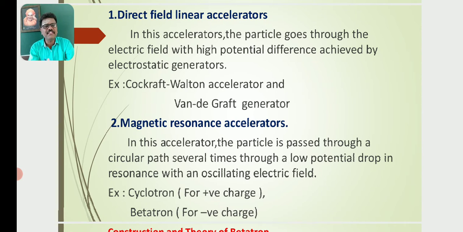The high potential difference can be achieved by using electrostatic generators. Here the Cockcroft-Walton accelerator and Van de Graaff generator are two examples of direct field linear accelerators.